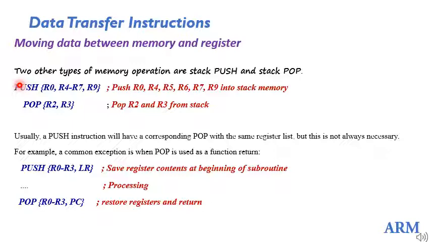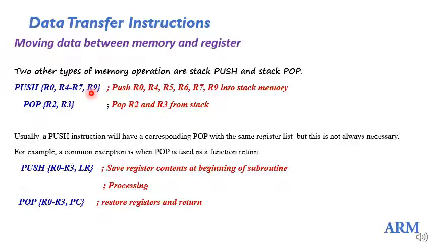First one, that is PUSH in flower brackets R0 comma R4 to R7 comma R9. I am not taking the example of a single register push. Here multiple registers are being pushed onto the stack.